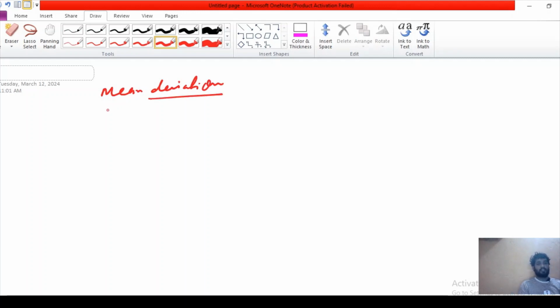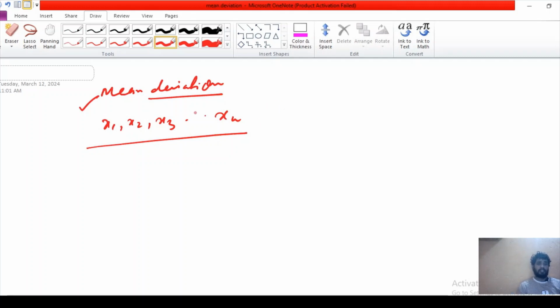We have studied mean in a previous class, right? So what is deviation? Deviation means if you have observations x1, x2, x3, dot dot dot xn, these are our observations.